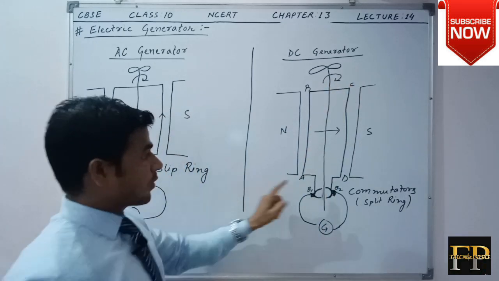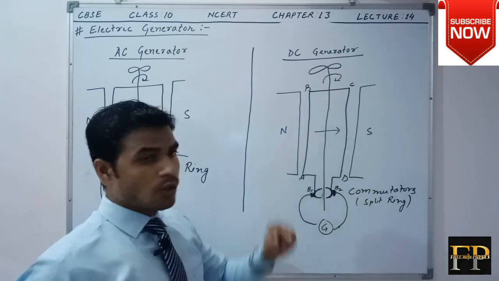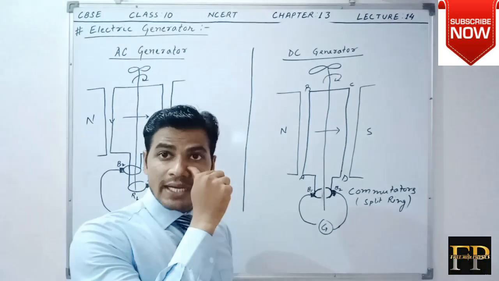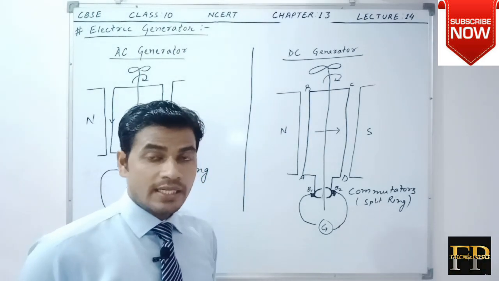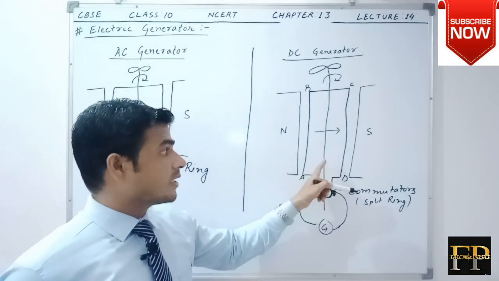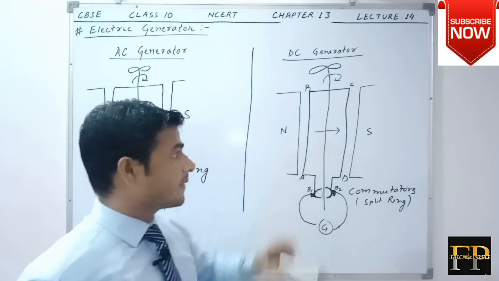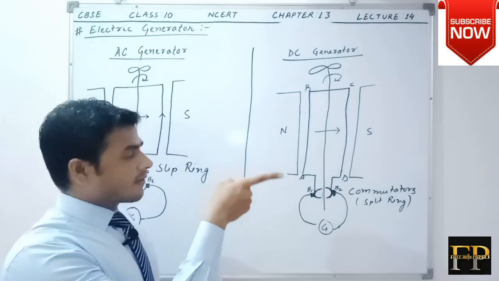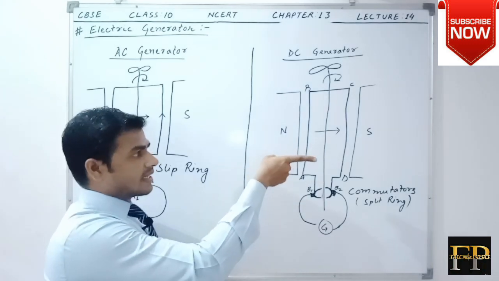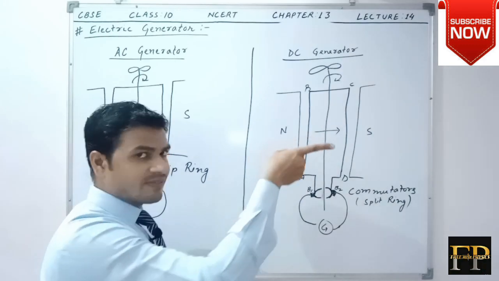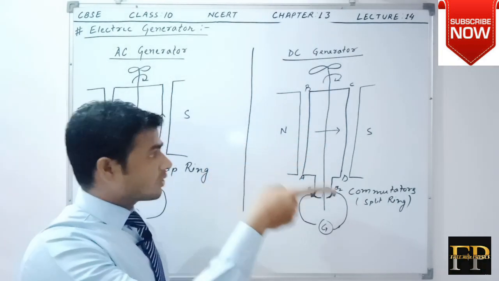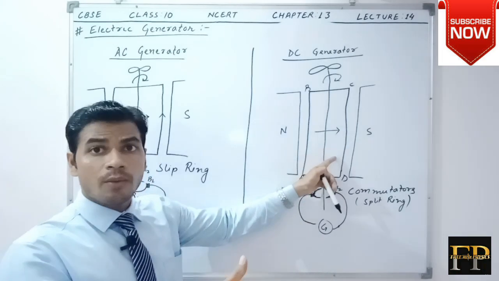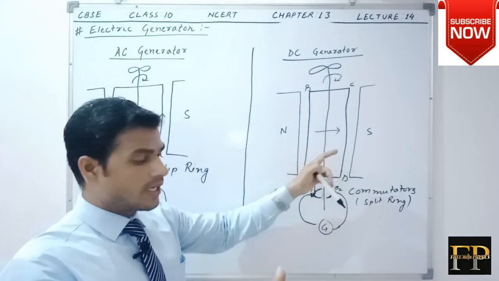When this coil is moved, we have to find the direction of the induced current produced in the coil. So we have to place our forefinger in the direction of the magnetic field, and we know that the thumb will give the direction of motion of the coil.